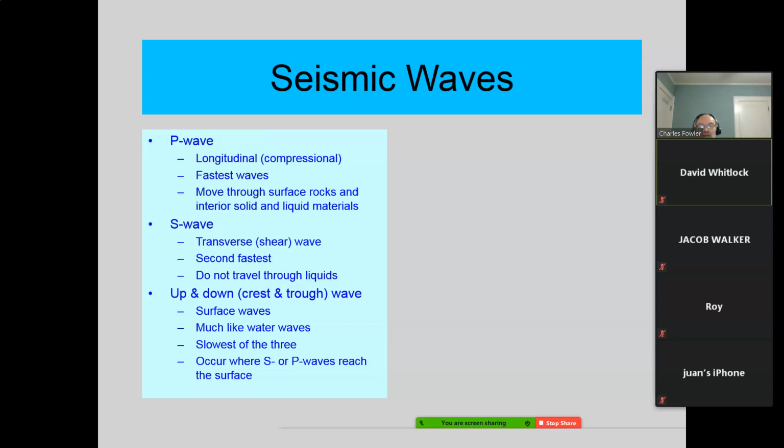Here's the other thing. S waves do not travel through liquids, and that's the big key that tells us so much about the inner structure, the stratified structure of the earth, because S waves cannot go through liquids. Because if you think about it, a pressure wave is going through air now.